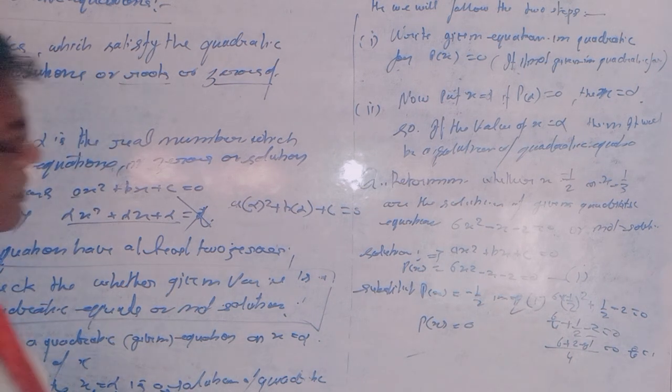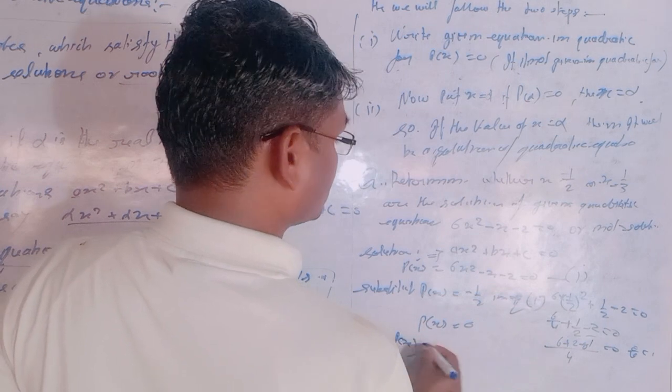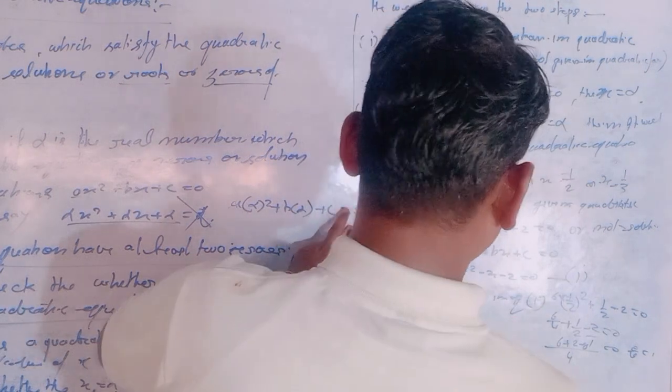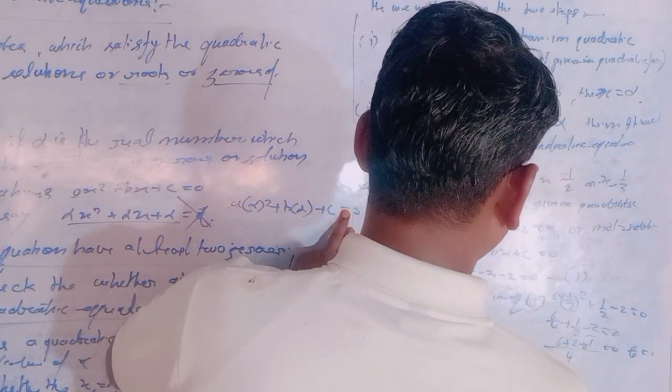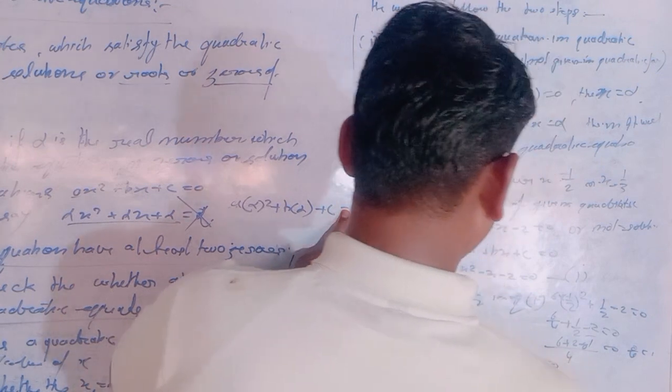Now we will check the second value by substituting x is equal to 1 by 3. So write 6 into (1 by 3) square minus 1 by 3 minus 2 is equal to 0.